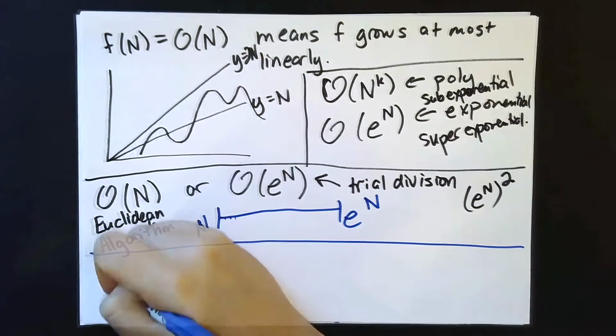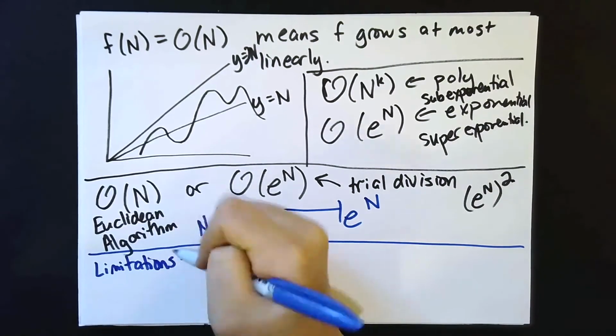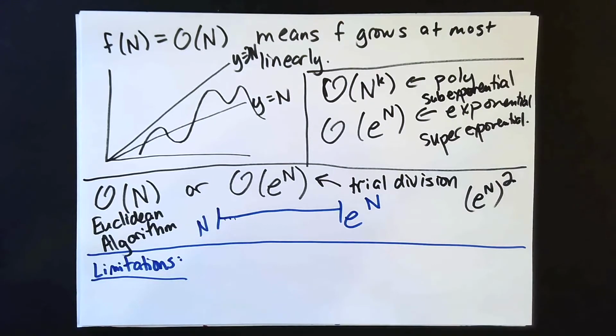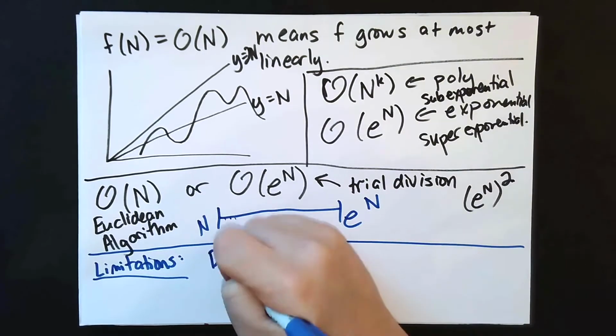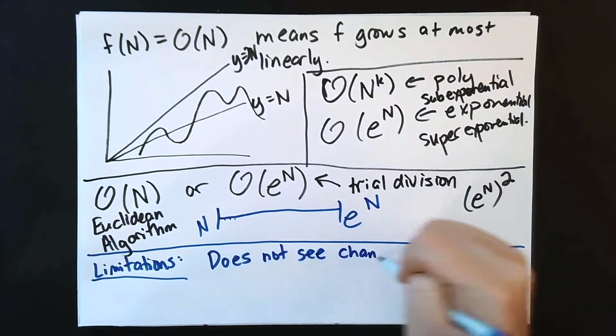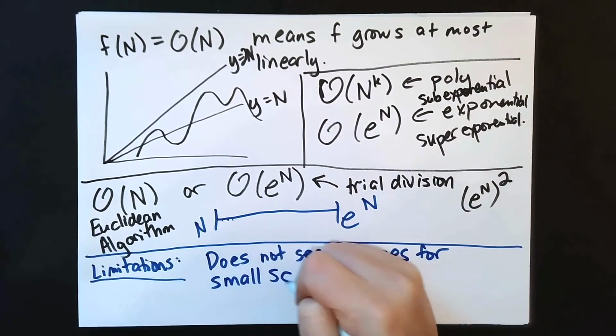Now, I did want to briefly address the limitations of this notation. And there are a lot of limitations of this notation. So one limitation I already mentioned is that big O notation just does not see what happens for small inputs at all.